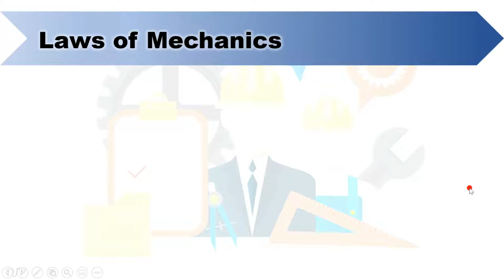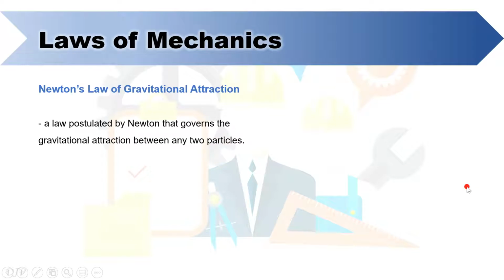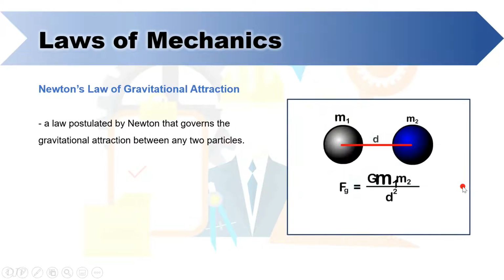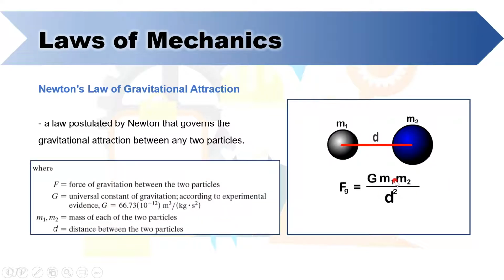Part also of the laws of mechanics is Newton's law of gravitational attraction. This law is simply about the attraction of two particles and is expressed as follows, in which the force of gravitation between two particles is simply equal to the universal constant times the product of the masses of the given two particles all over the square of their distance.